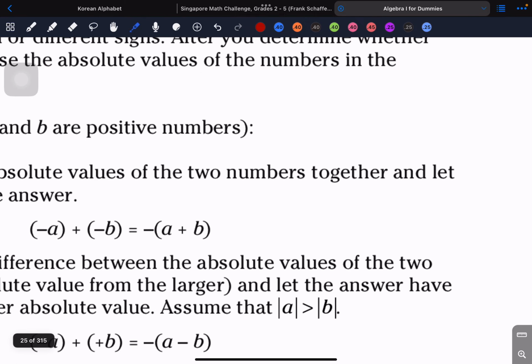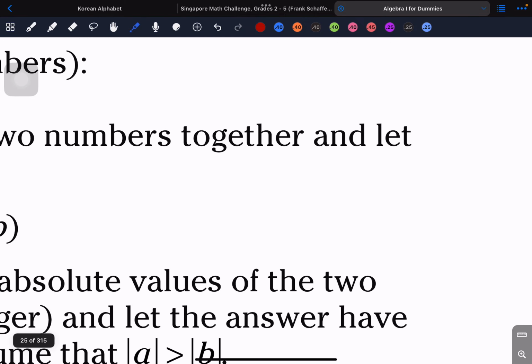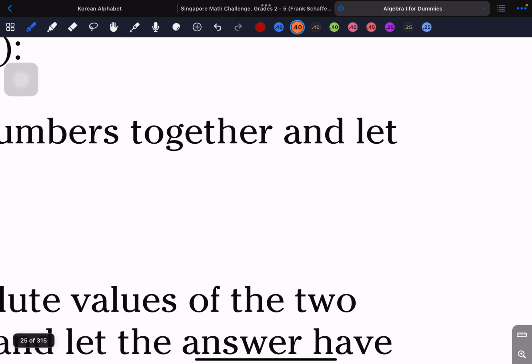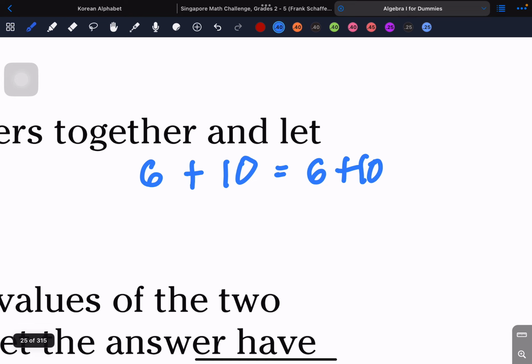Ano ibig sabihin nun? Madali lang yung unang example eh. Pag parehas silang positive. Say for example, 6 plus 10. Walang problema. 6 plus 10 pa rin. 16.